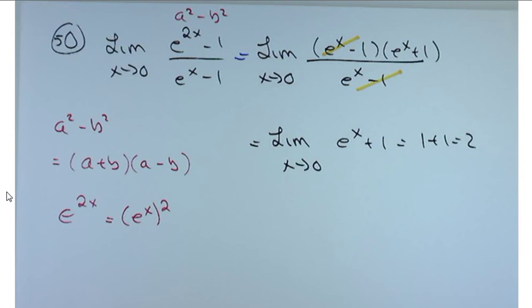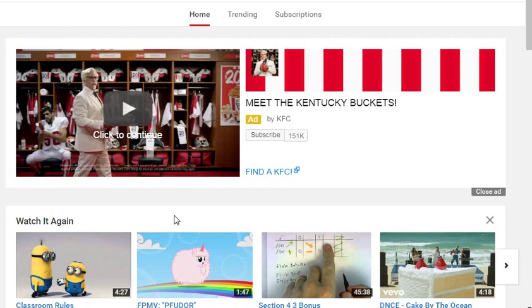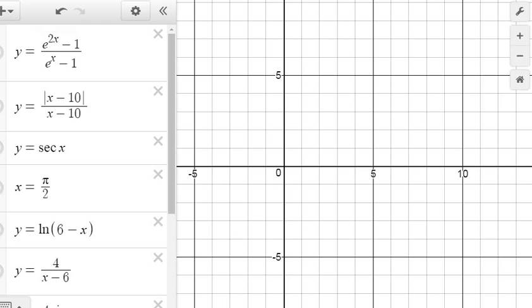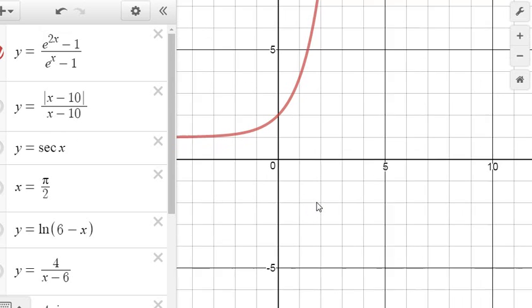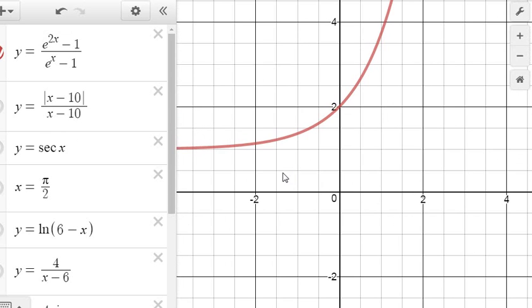Now, what if I was looking at that and going, I'm not so sure I'm comfortable with that result. What else could I do to kind of prove that result to myself? Yeah, throw it in your calculator. You could plot it on Desmos. One of those things. So let's take a quick look at it on Desmos.